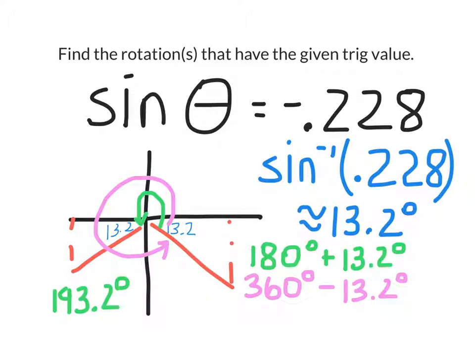And in the fourth quadrant, I take the reference angle, and since it's all the way around the circle, but then back to the reference angle, we're going to subtract 13.2 degrees from 360 degrees, giving us 346.8 degrees for the fourth quadrant angle.